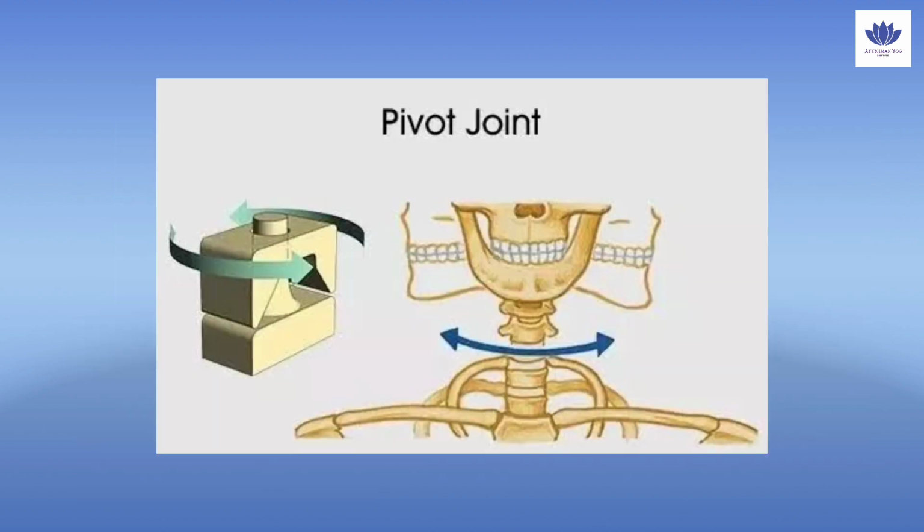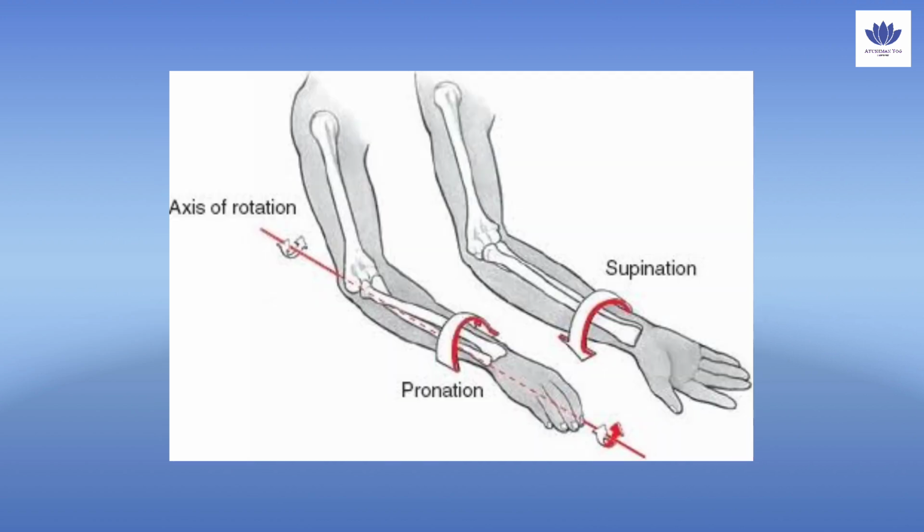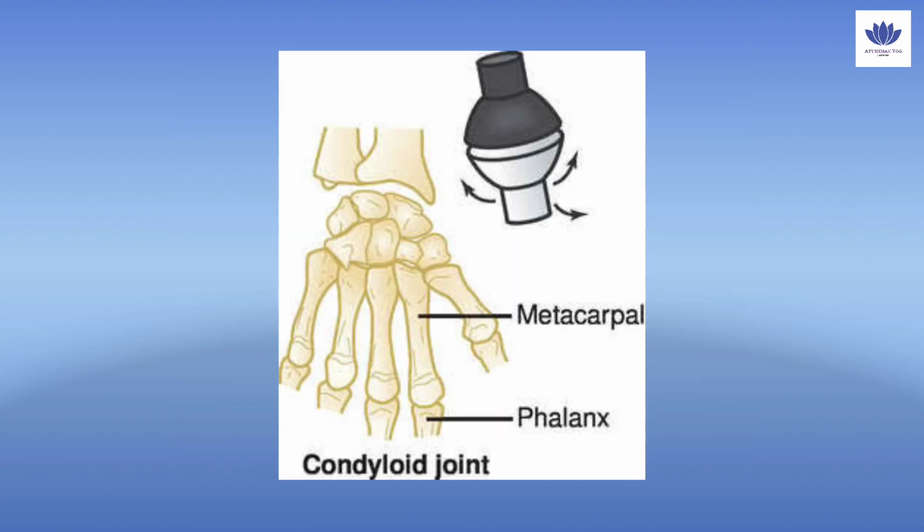Then the pivot joint. The movement of this joint is rotation. An example is the joint of the first and the second cervical vertebra and the joint of the wrist that allows the palm of the hand to be turned up and down. Then the condyloid joint.